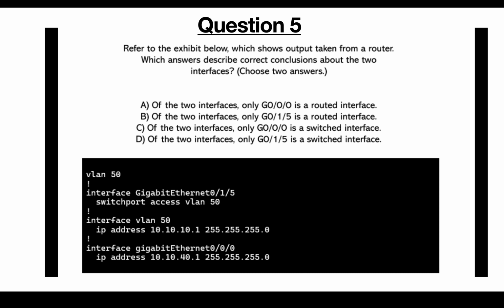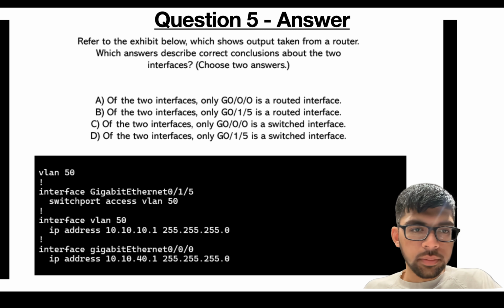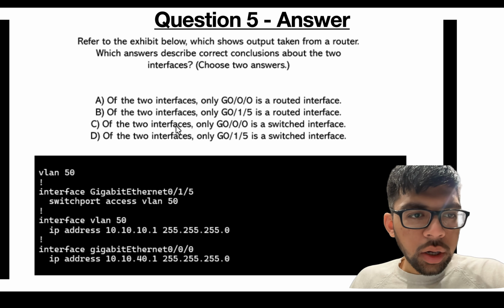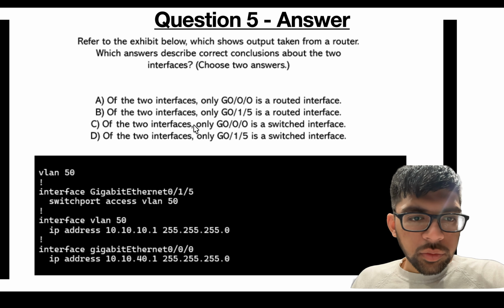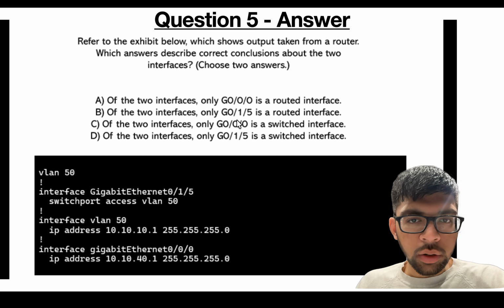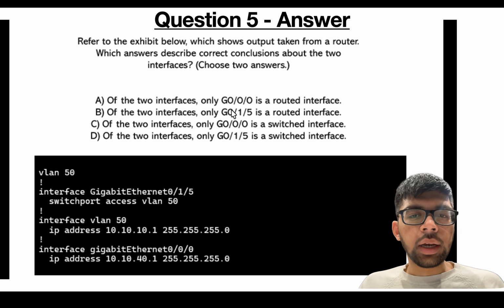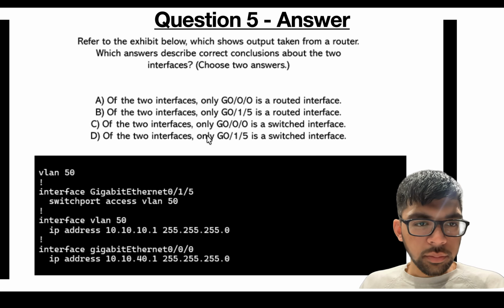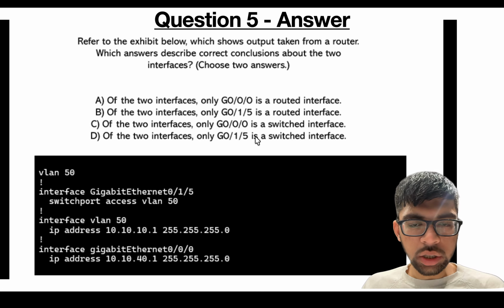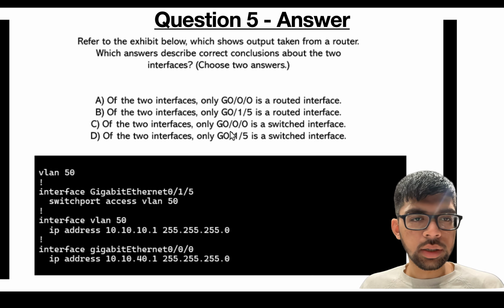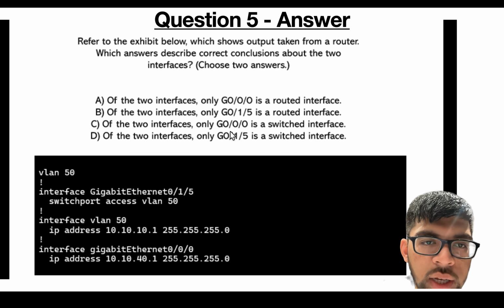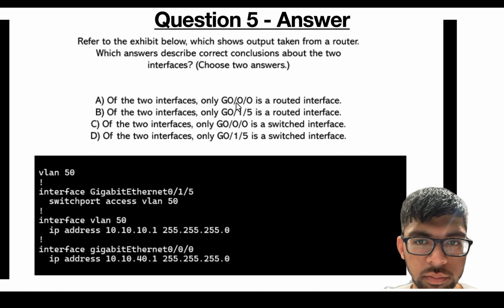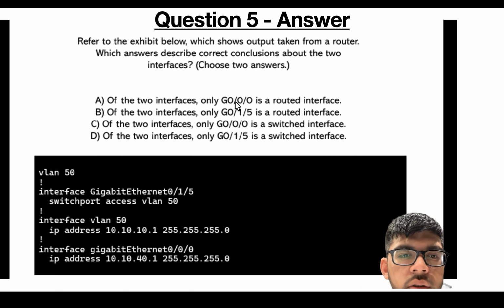And the answers are, for this it's B. So okay, sorry, not B. The answers are D. So of the two interfaces only, G015 is a switched interface. D. And A. So okay.